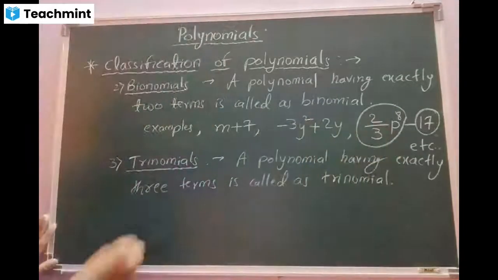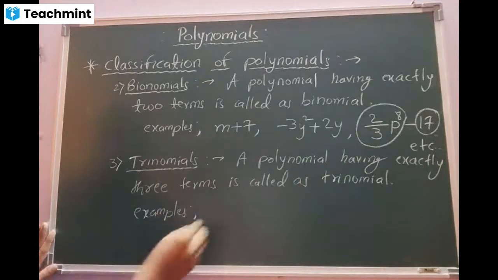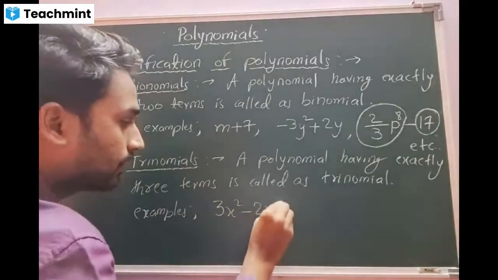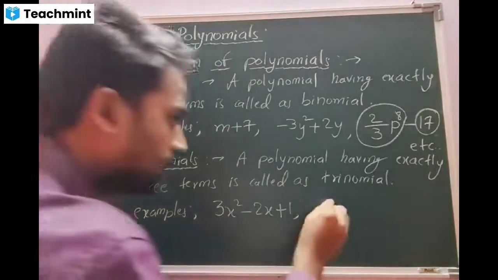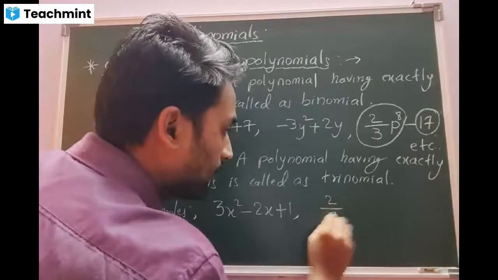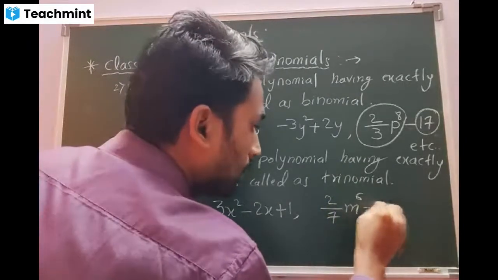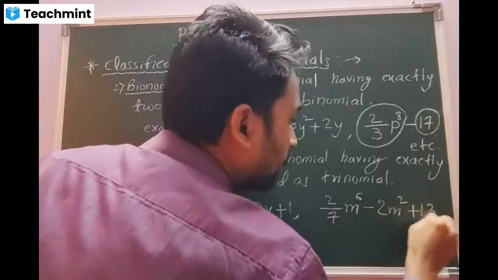Let us write some examples. Number 1: 3x squared minus 2x plus 1. This is one example. Let me take few more. 2 by 7 m to the power 6 minus 2m squared plus 13.